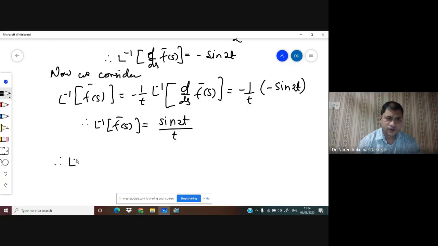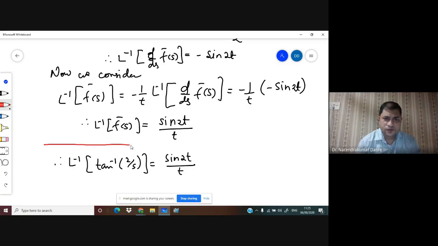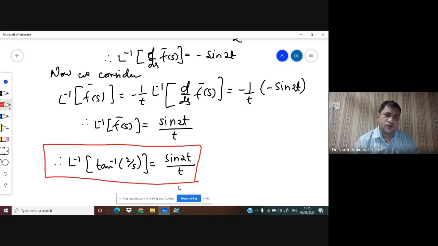So we got Laplace inverse of tan inverse of 2 by s is equal to sine of 2t by t. This is how we are able to get the inverse Laplace transform by using the property, use of derivative.